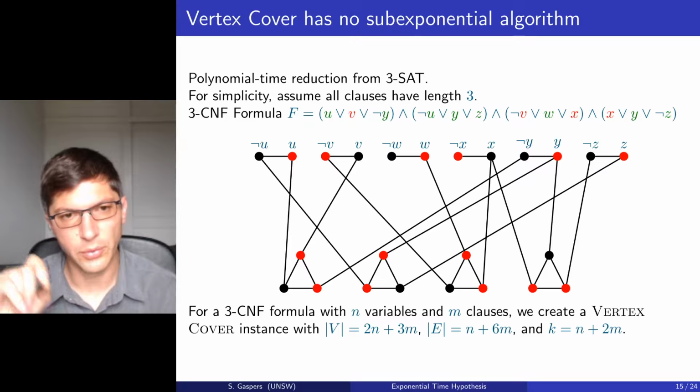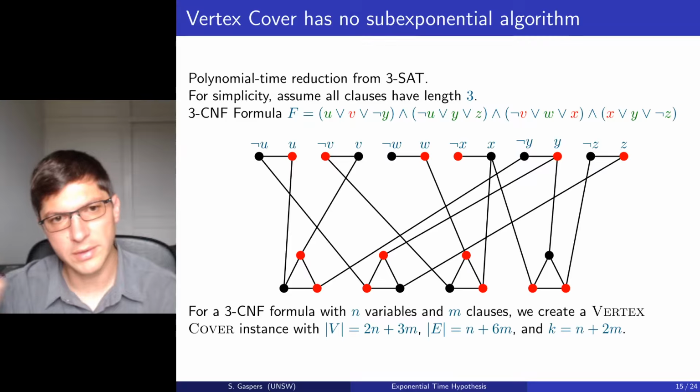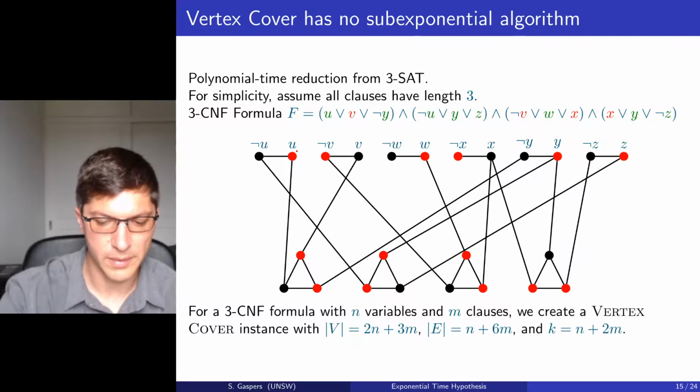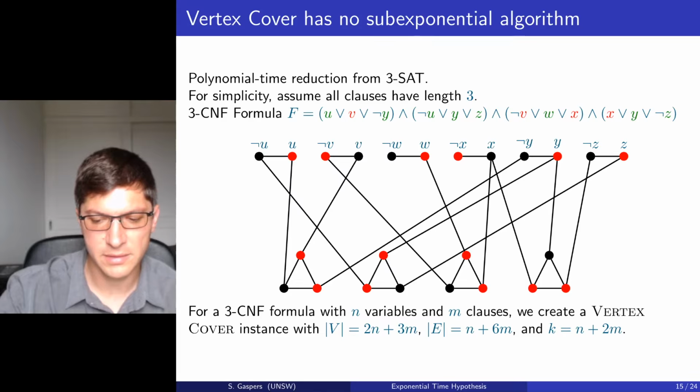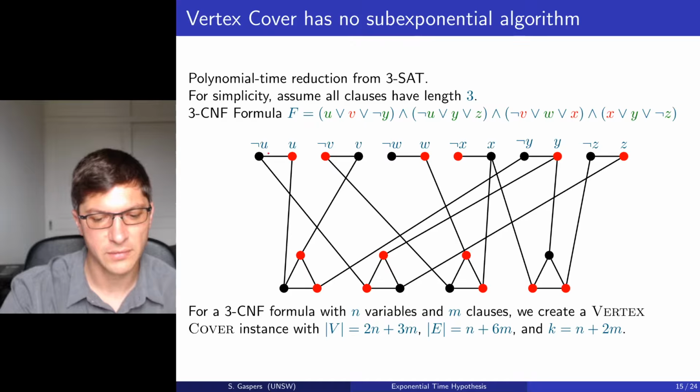And so we will reduce to vertex cover, and of course our assignment that we want to find will correspond somehow to a vertex cover. And we will not assign u to true and u to false at the same time. So that's why we are going to add an edge between u and not u.